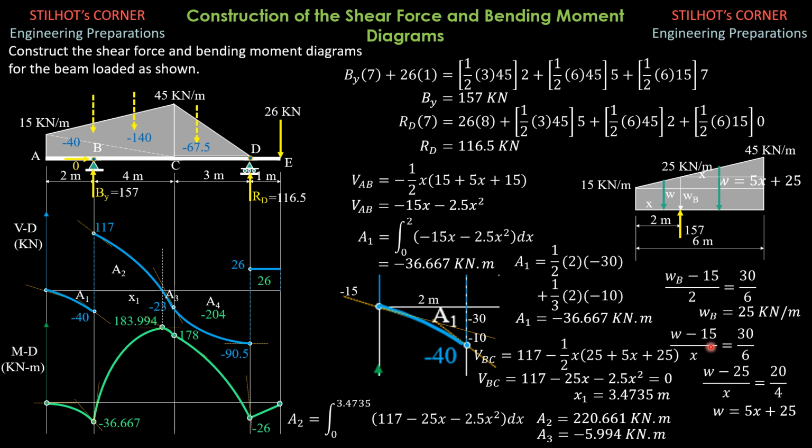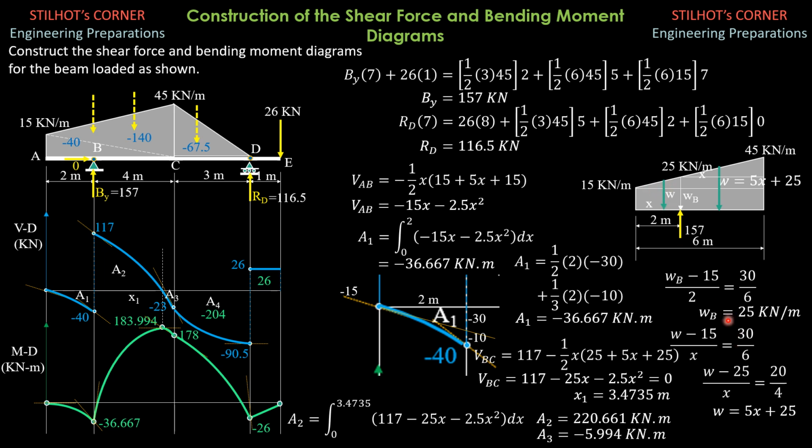So W is 5x plus 15, for the part from here to here, 5x plus 15.